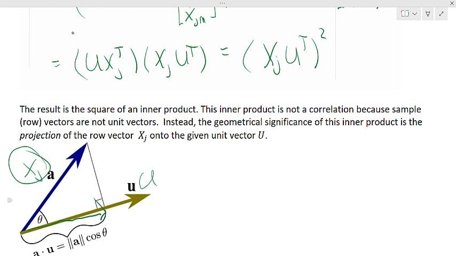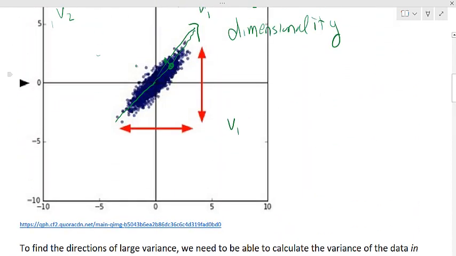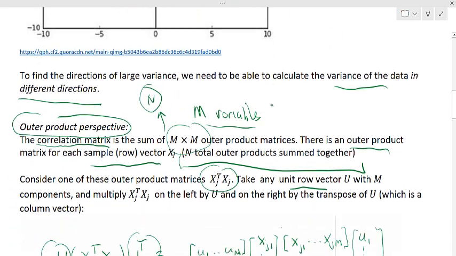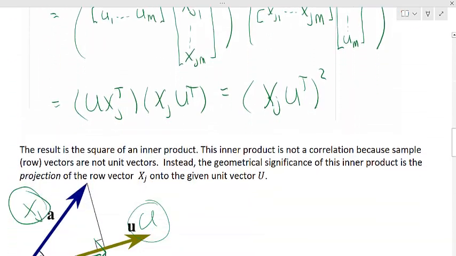Okay. Now this is good news because remember what I wanted to find was the variance of the data along this unit direction, right? I want to find the variance along this direction here. All right, now, so where are we?